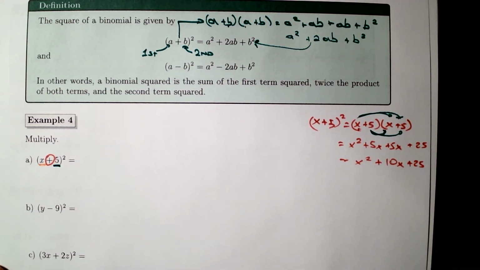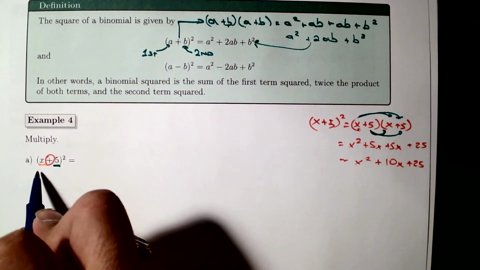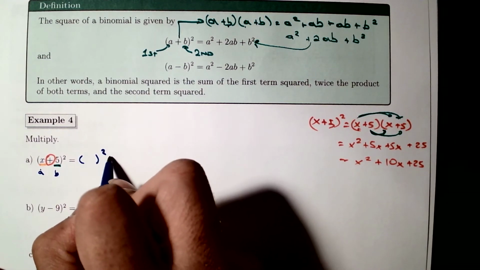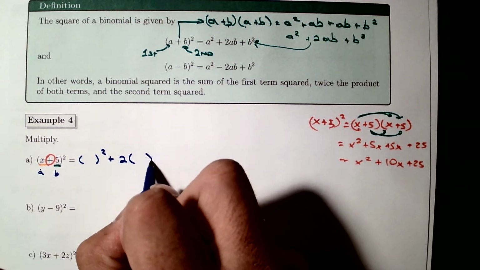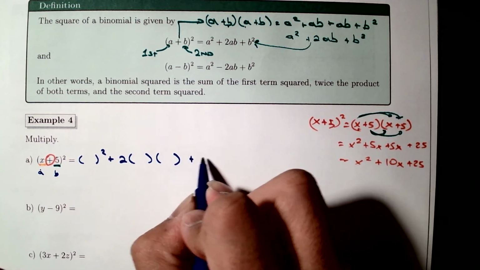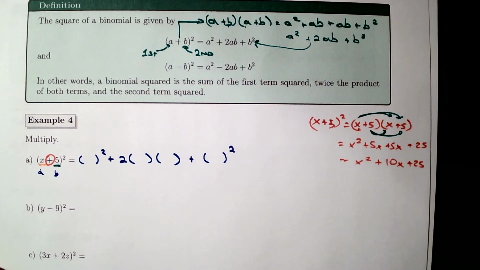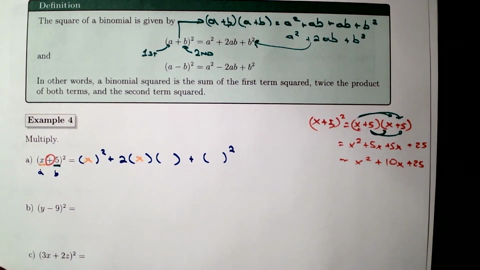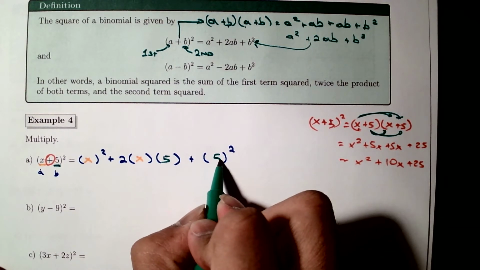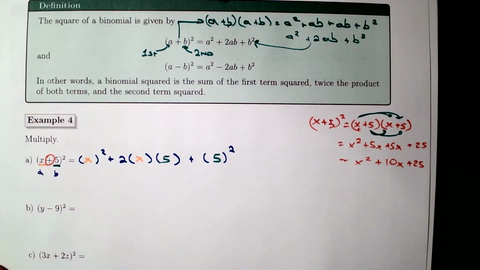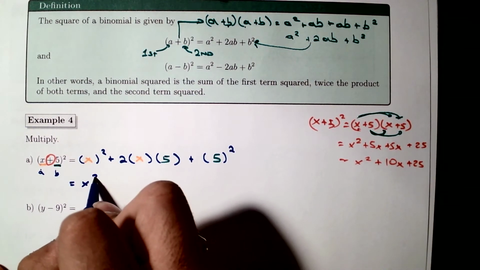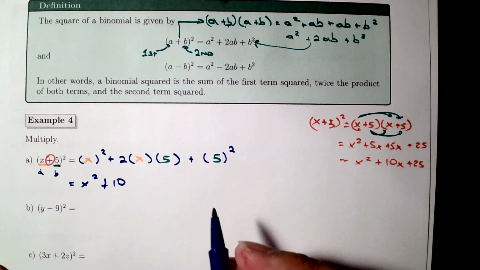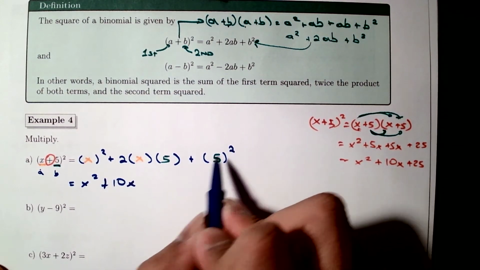So in this case, this is our A, this is our B. So we're going to have A squared plus 2 times A times B, and finally plus B quantity squared. So I'm going to plug in A, which is x, and B, which is 5. So this is going to be x squared plus 2 times 5, which is 10, and x, and 5 squared, that's a 25.